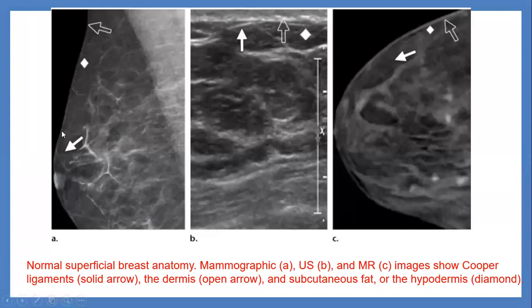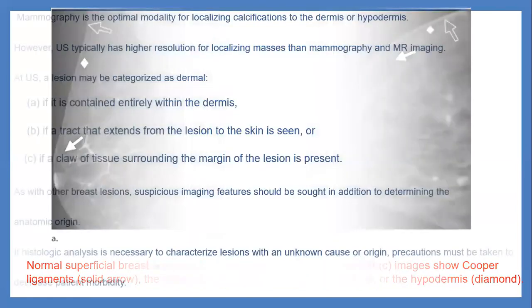It is 0.2 millimeter maximum, but can be more than that around the areola. The same for MRI, seen as a single enhancing layer, 2 millimeters or less, also thickened around the nipple.